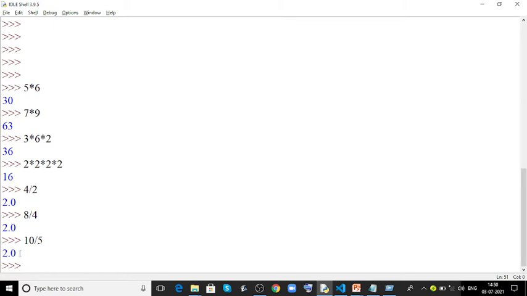This time you get the answer as a floating point. Okay. So you should always remember that when you divide numbers in Python, the result will be in the form of a float value. The data type is float, 2.0. It will not be 2.